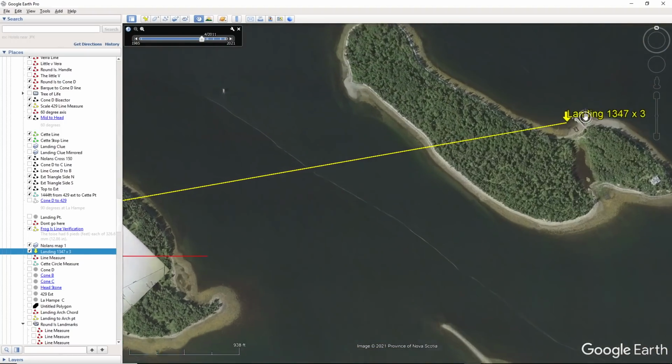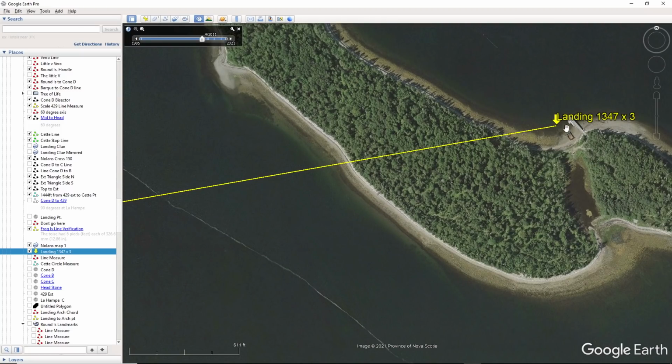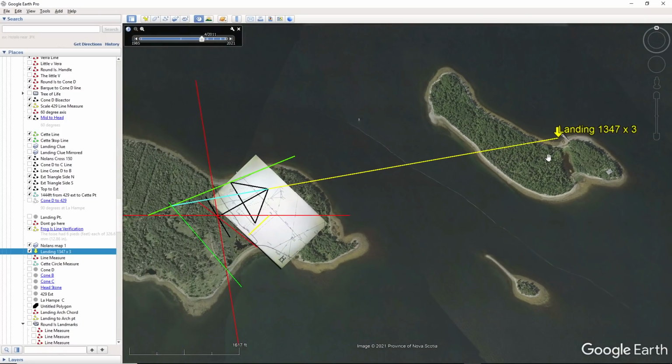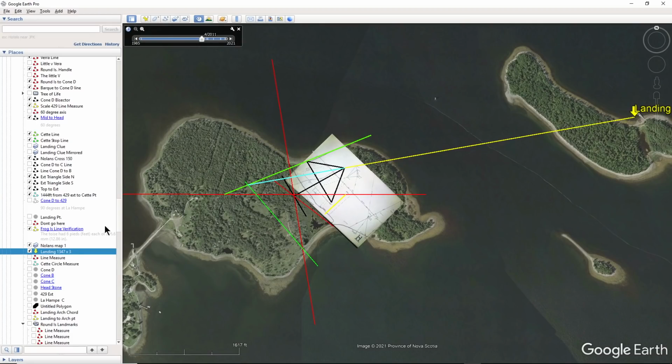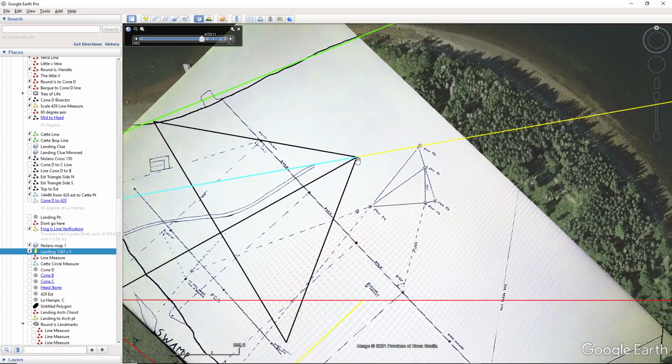Now, how is this point known? It's not like the Round Island point where we have 3 stones that are placed. So I believe this is just a map reference. And if you know enough to understand that this is 3 lengths to this, you can position this point a little more accurately.